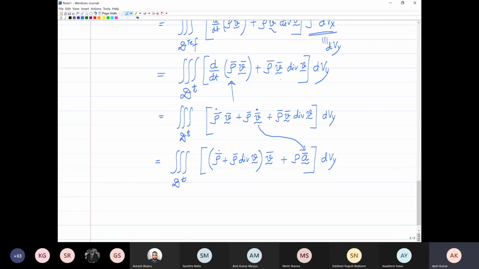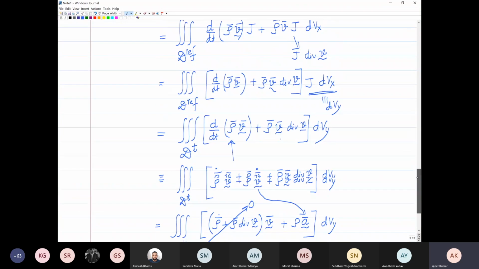Why have I written it like that? Because if you remember, this thing inside the bracket is the Eulerian form of the mass continuity equation. This is supposed to be equal to 0, isn't it? So you can simply say it goes away. And then we have the integral over the current domain of rho times acceleration, dVy.